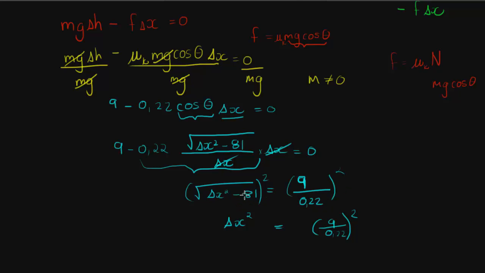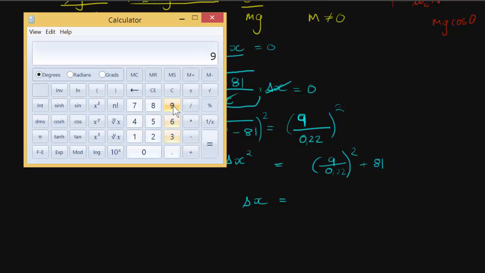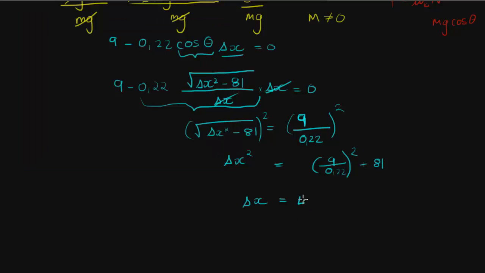And then I'm going to add the negative 81 on that side, plus 81. And that will give me x. Let's quickly do that: 9 divided by 0.22, square that, plus 81, and then take the square root of that, which gives me 41.89.